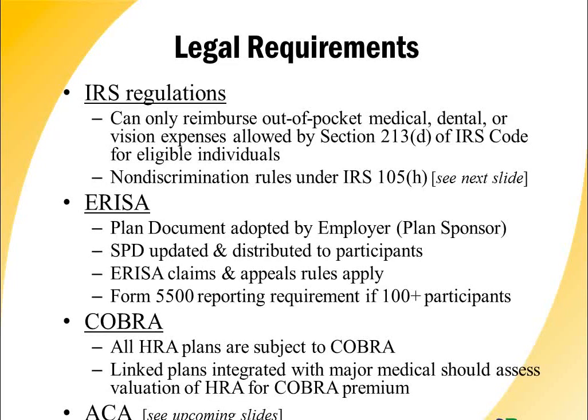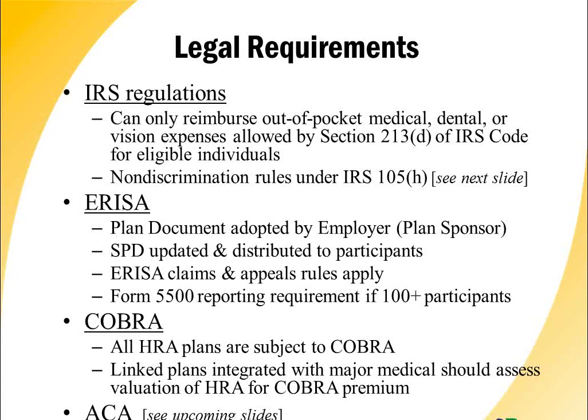So as we move to the next slide, I think we just wanted to start off and touch on some of the legal requirements, the compliance topics for HRAs. Here on this screen, you can see the four main bodies of legal requirements for HRAs, the four sections of law which outline the HRA compliance issues.